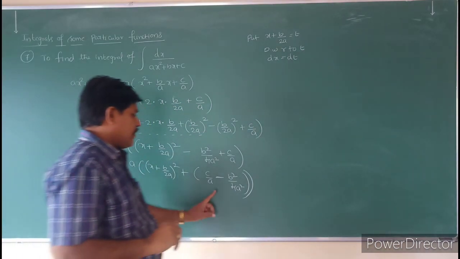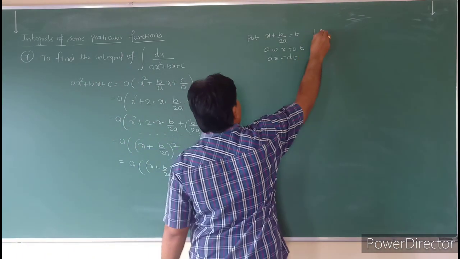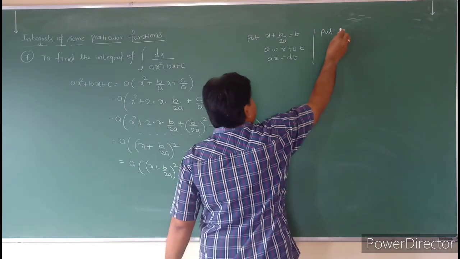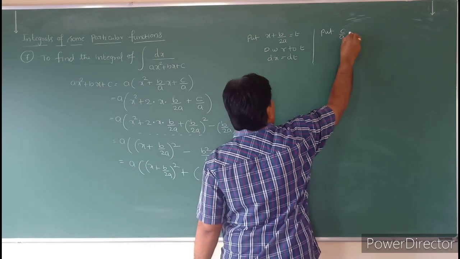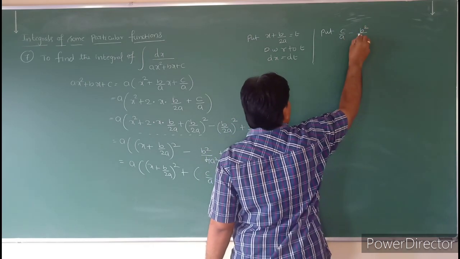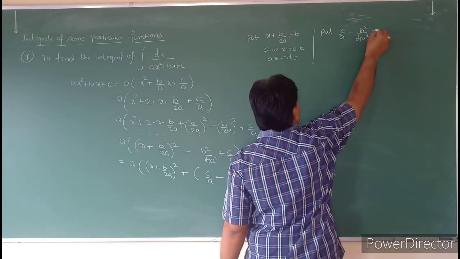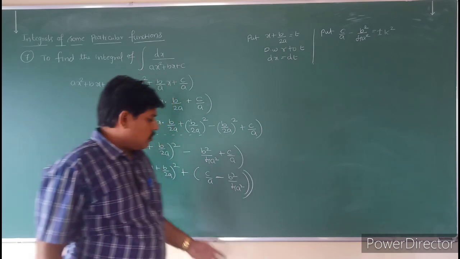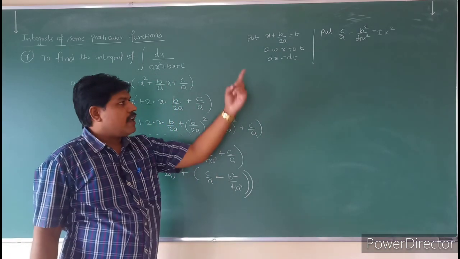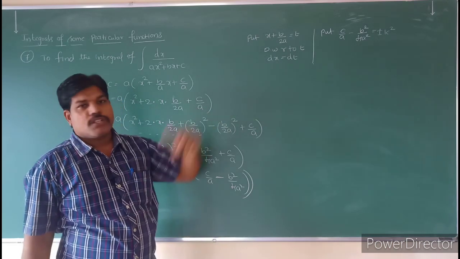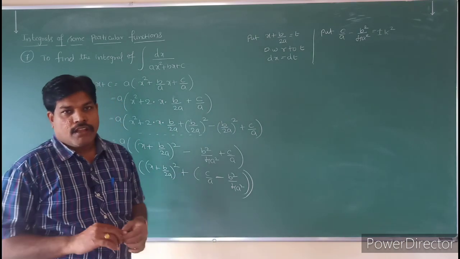And also take this value: put c by a minus b square by 4a square is equal to plus or minus k square. I don't know what this value is, whether it is plus or minus, so that's why I am taking it as plus or minus k square.